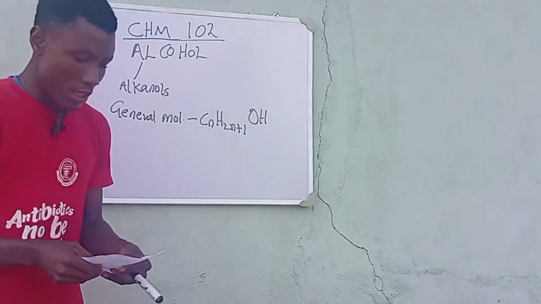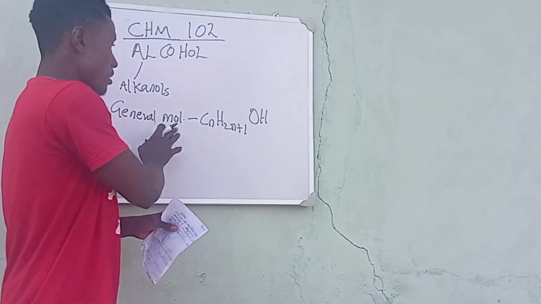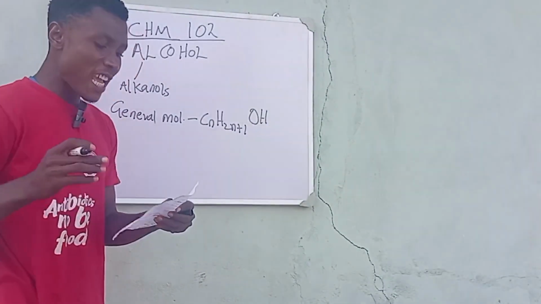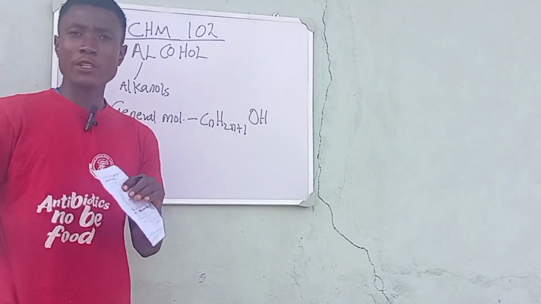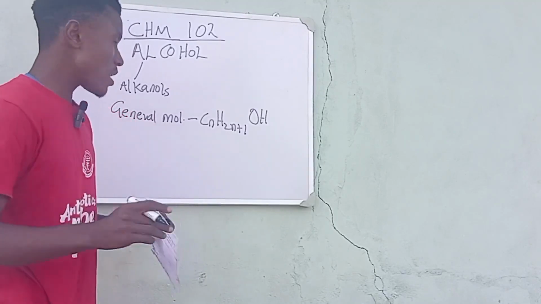We are going to talk more about it. So let's continue. This alcohol is sp3 hybridized. Remember I talked about the hybridization, the sp3, the sp2 and the sp hybridization.